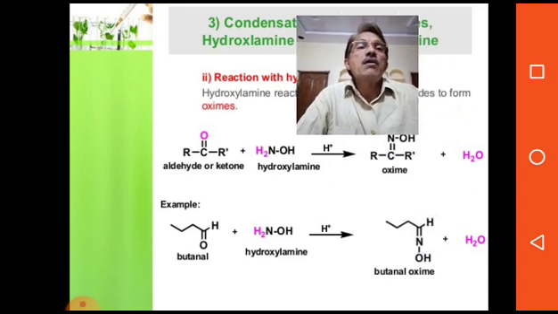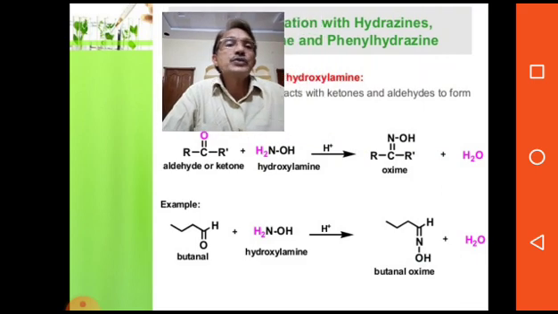Remember, aldehydes and ketones when combined with hydroxylamine form oximes. Oximes contain the C=N-OH group. An aldehyde or ketone combines with hydroxylamine giving rise to an oxime. Example, when butanal reacts with hydroxylamine it forms butanal oxime.